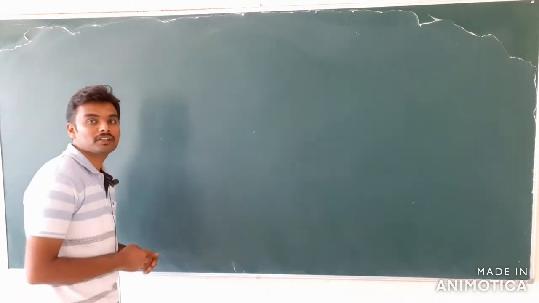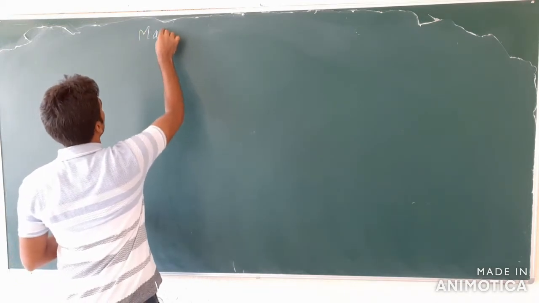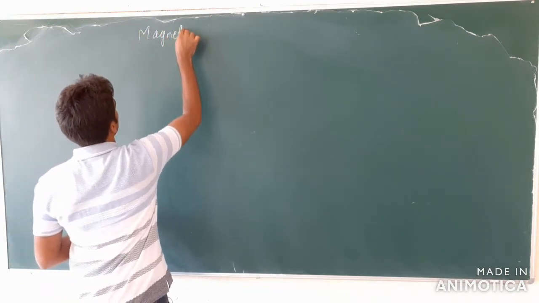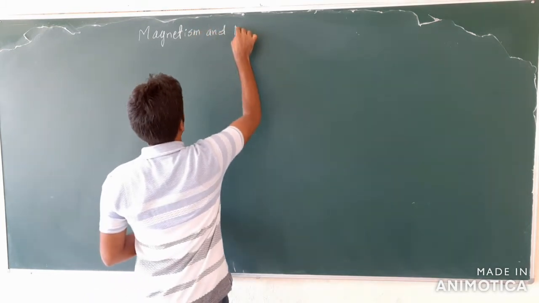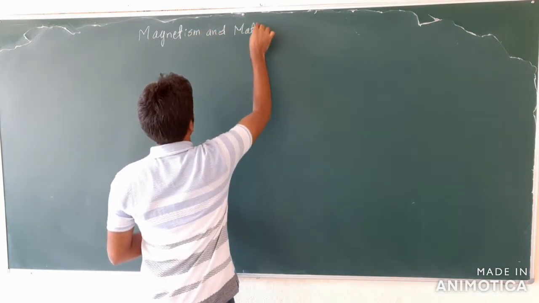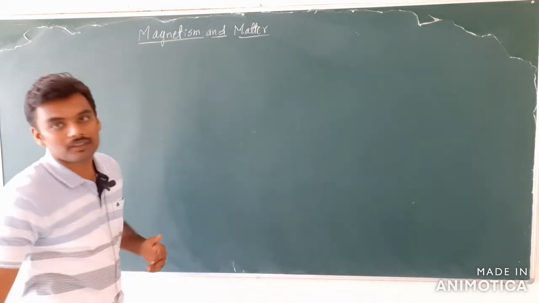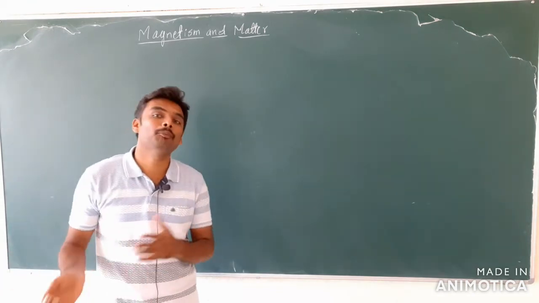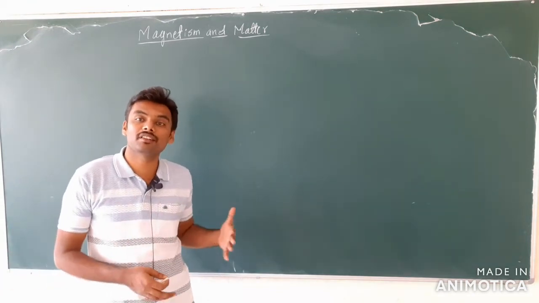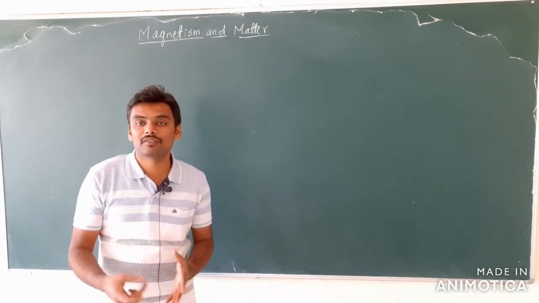So, the chapter that we are taking now is magnetism and matter. In the last chapter itself, we discussed magnetism, right? But this time, the discussion is about magnetism and matter. There it was moving charges and magnetism. A moving charge can produce a magnetic field.